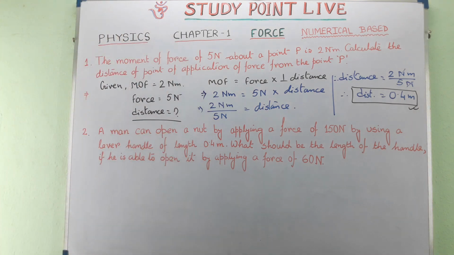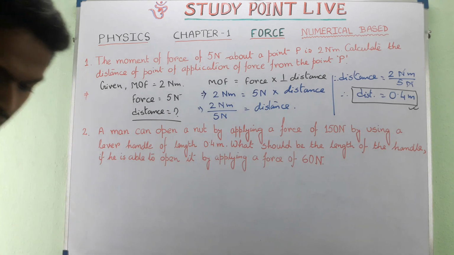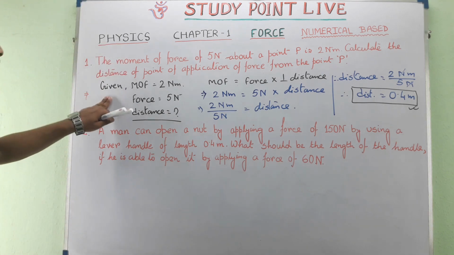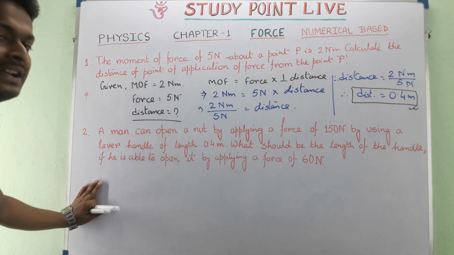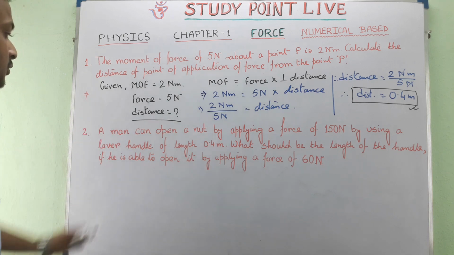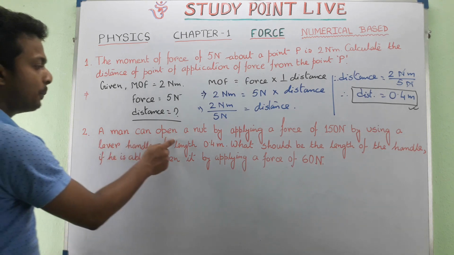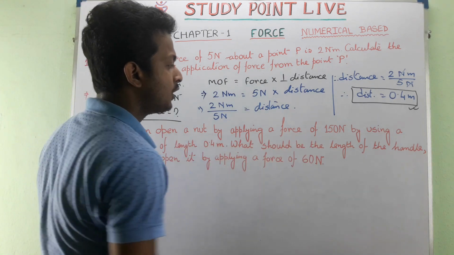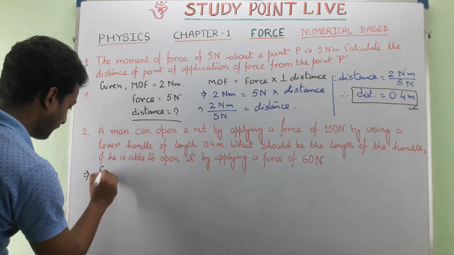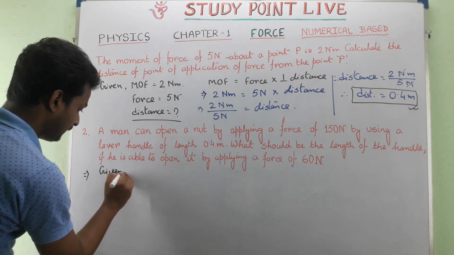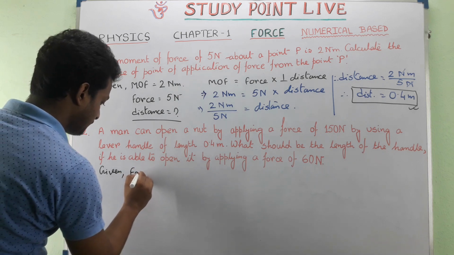Now if we move to the second question, it is basically the advanced level of the first question. In the first question, we have already seen what I did. Now see, a man can open a nut by applying a force of 150 Newton. Now write what the given things are.